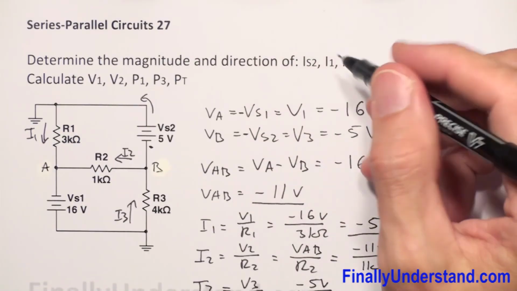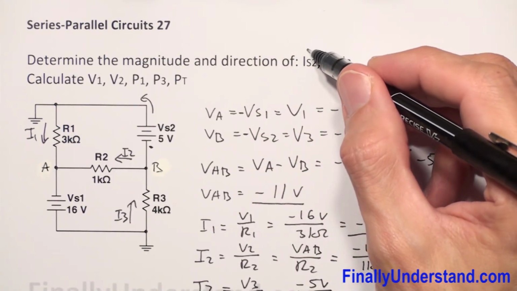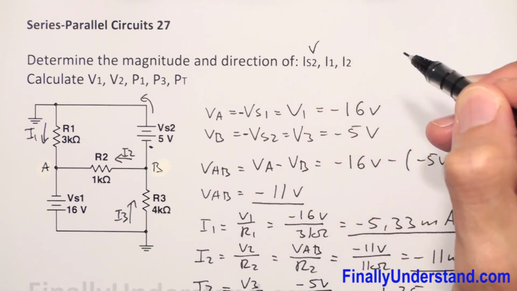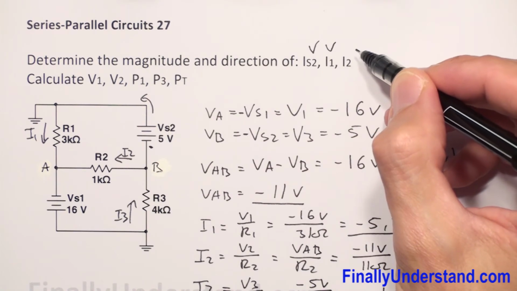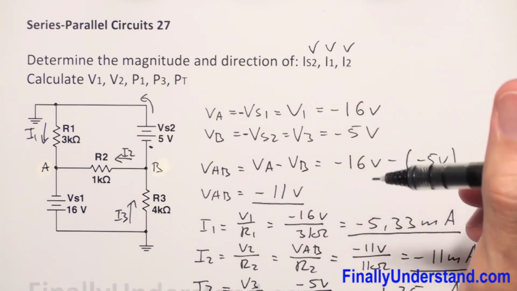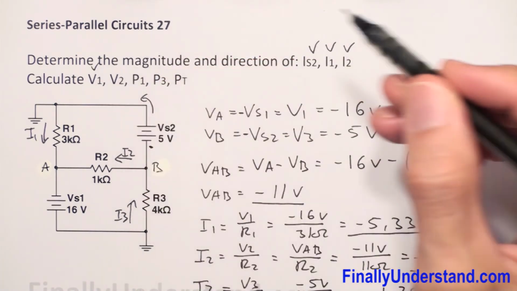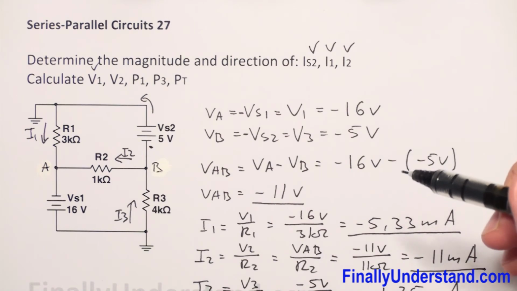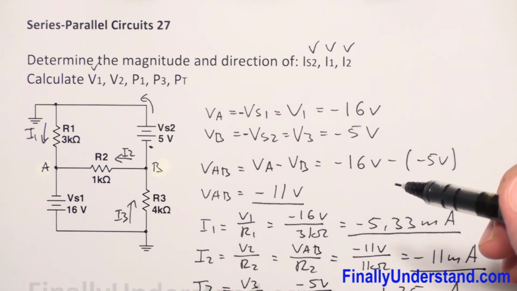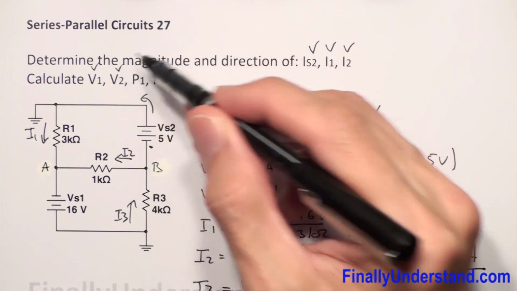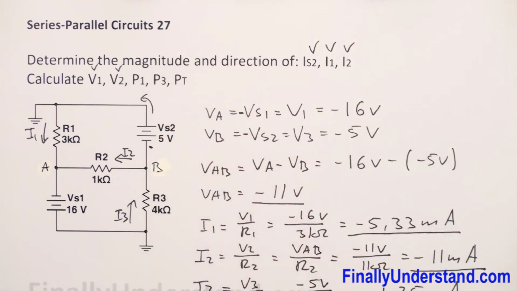We've found I source 2, we've found I1, we've found I2, we've found V1, we've found V2, which is simply VAB, and now we need to find the powers.